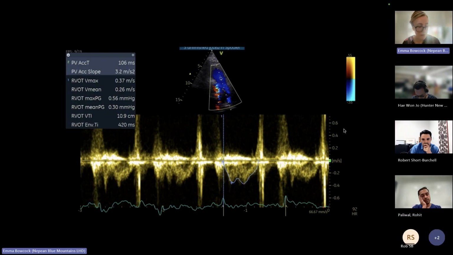Yeah, nice question. What it does tell you is that you've got very high pulmonary vascular impedance. You usually see that in precapillary causes of pulmonary hypertension, so basically all of your groups apart from left heart failure.